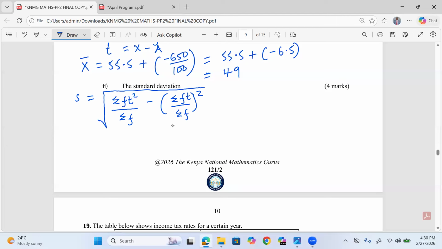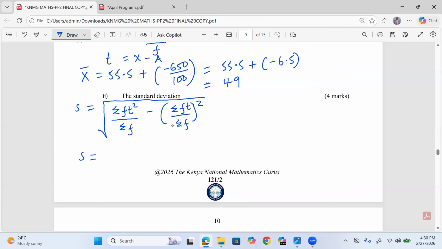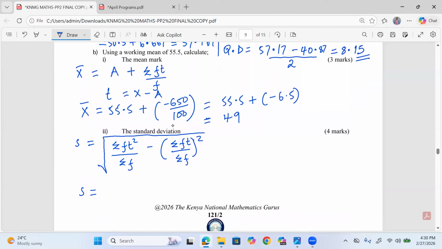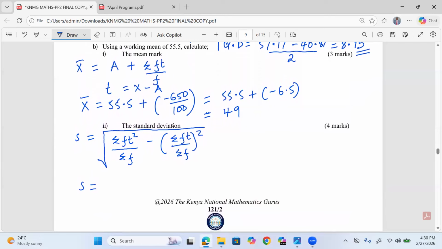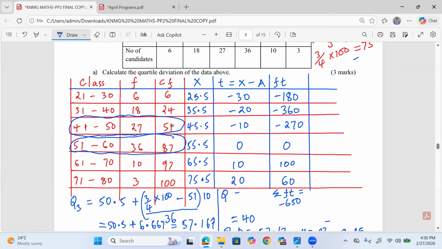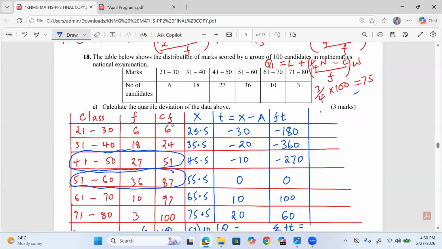So the formula of variance, we take square root. Now, before we substitute, we get to the table to work out the value of ft squared. F times every t squared, every deviation squared.